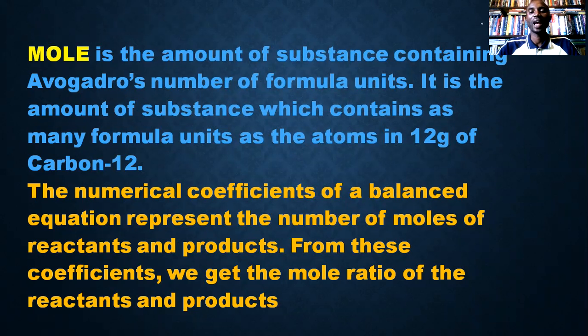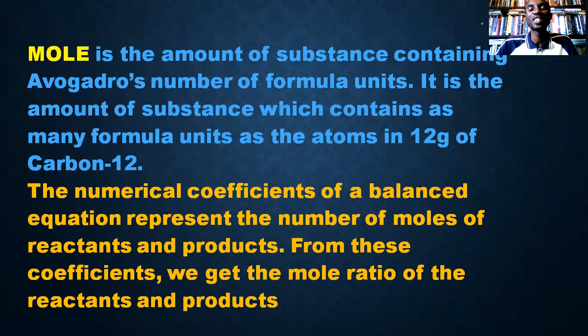That amount of carbon-12 is made up of one mole, and 1 mole is Avogadro's number, which is 6.02 times 10 to the power of 23 atoms, ions, molecules, or particles generally. So the numerical coefficient of a balanced equation represents the number of moles of the reactants and products.